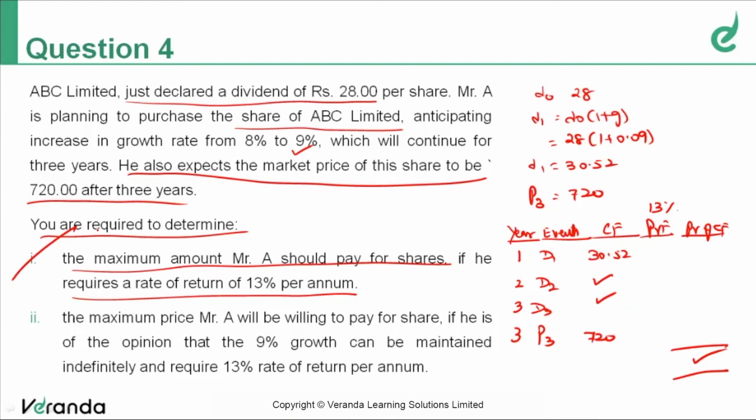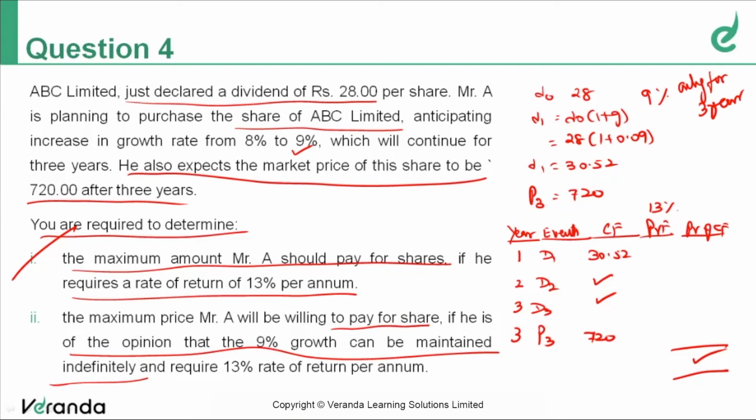Correct. Second one: what is the maximum price A will be willing to pay for the share if he is of the opinion that 9% growth will continue for the indefinite future. That means in the last problem, 9% growth was only for 3 years.